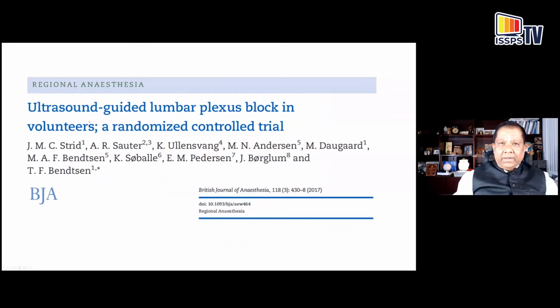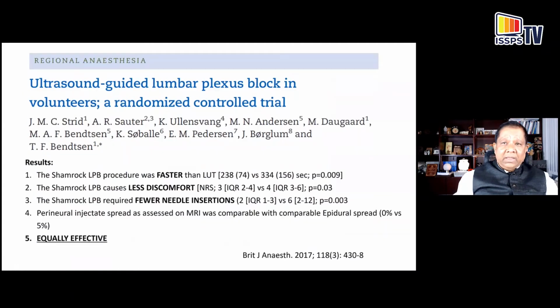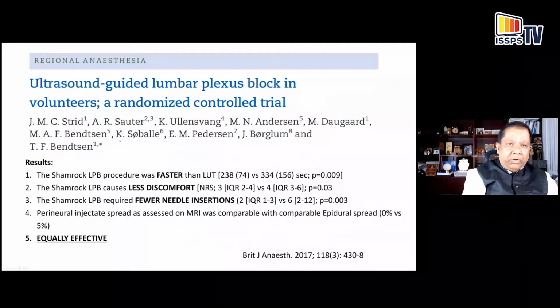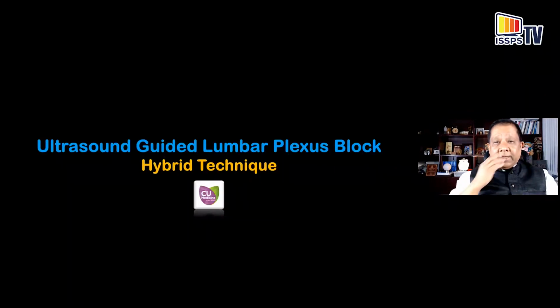Ultrasound-guided lumbar plexus blocks were also performed in a volunteer study in a randomized controlled trial. They demonstrated the same thing, that the shamrock produces better views and you need fewer needle insertions, but eventually they were equally effective. So given these things, which one should you use?